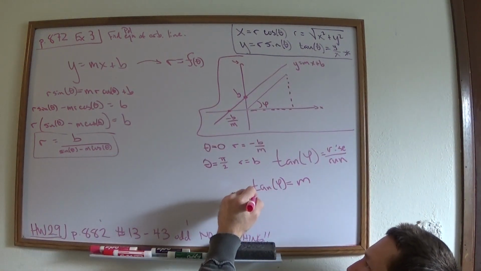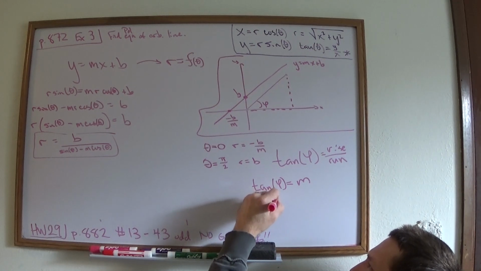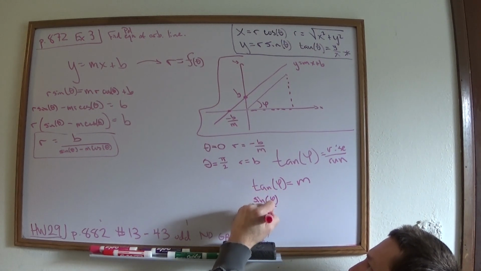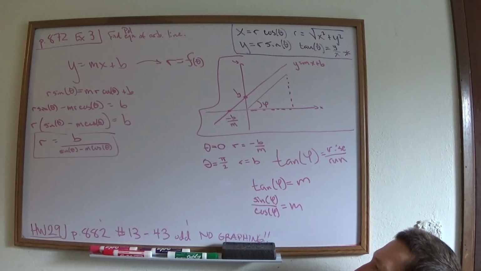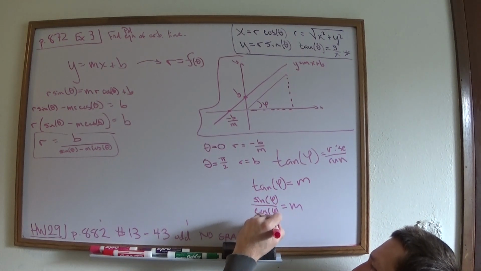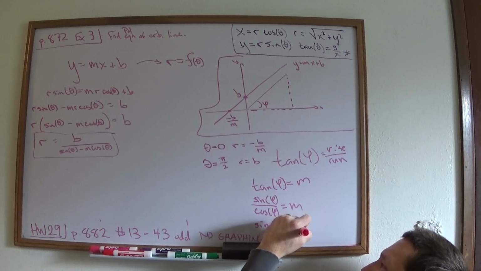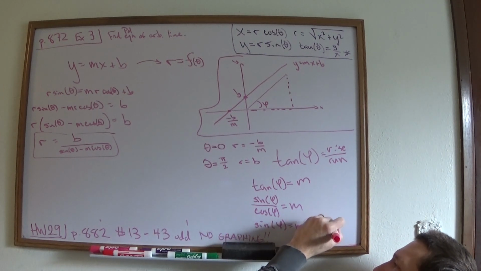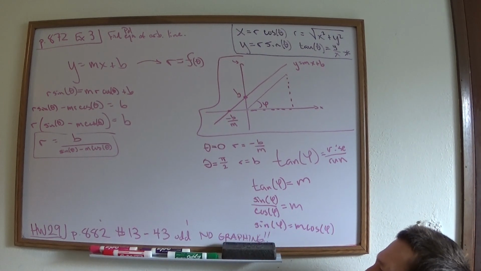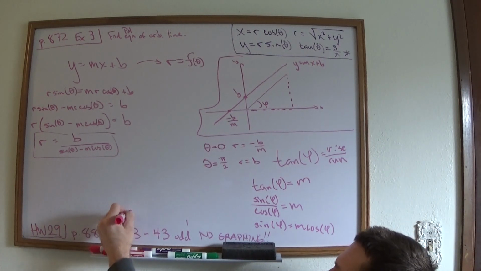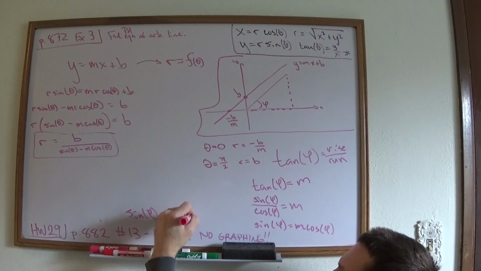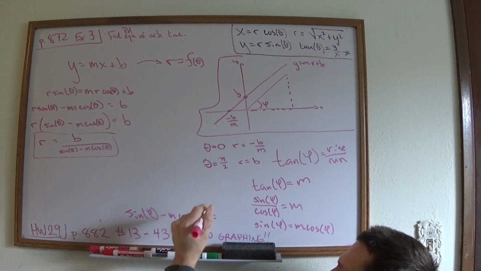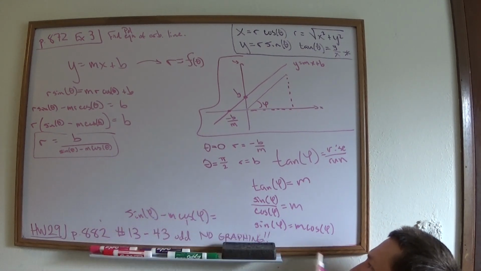Now watch this. If that's the case, then sine phi over cosine phi is equal to m. Which means that sine phi equals m times cosine phi. Which means that sine phi minus m cosine phi is equal to what? 0.